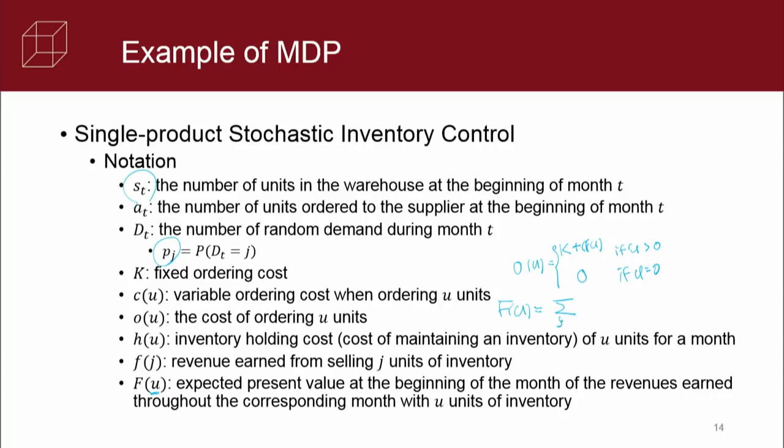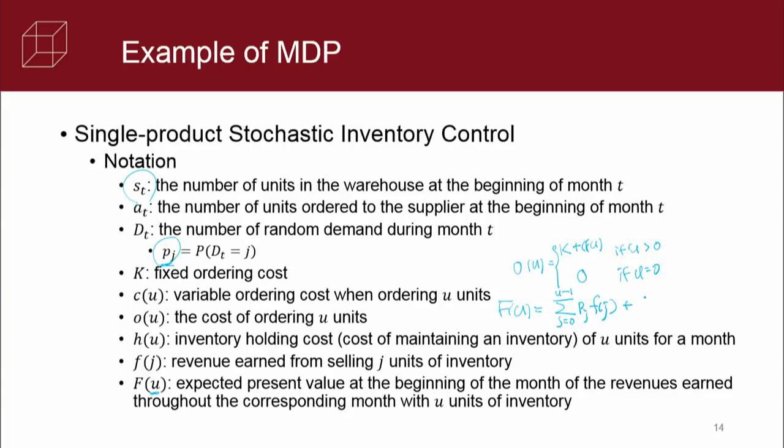So let's think about F(u). When demand is less than u units, let's say up to u minus 1, you will earn this amount of revenue, because you can only sell j units, with the probability that demand is equal to j.